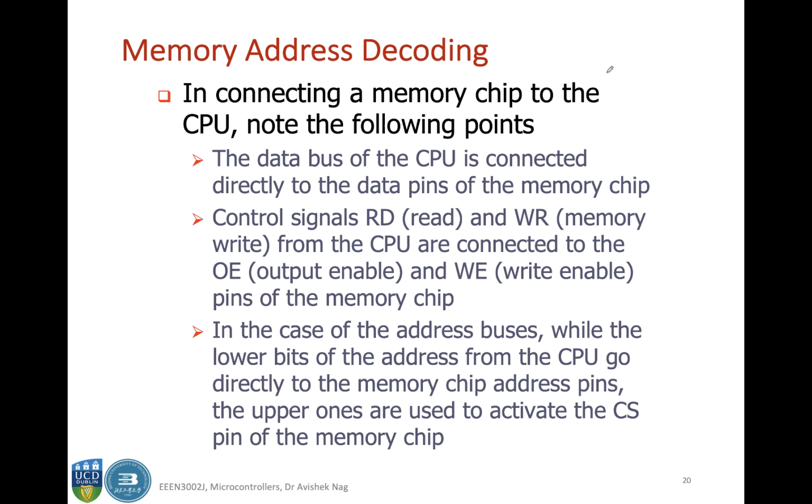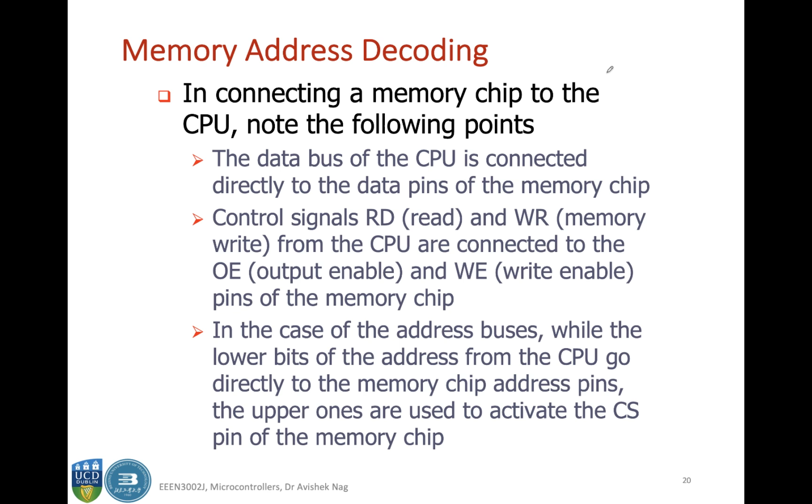Let's talk more about memory address decoding. In connecting a memory chip to the CPU, the data bus of the CPU is connected directly to the data pins of the memory chip. The control signals, read and write from the CPU, are connected to the output enable and write enable pins of the memory chip.